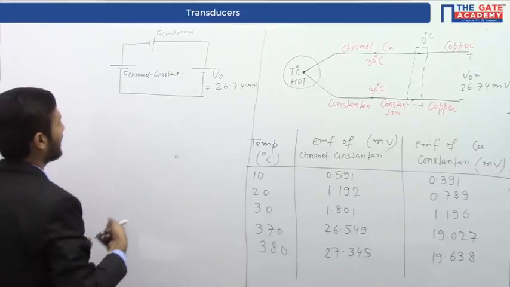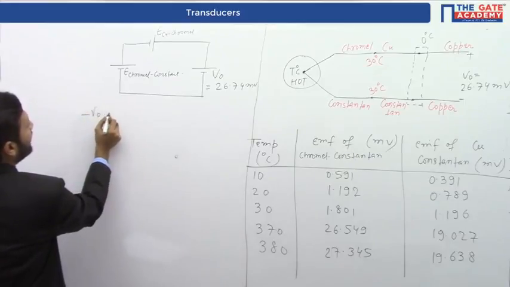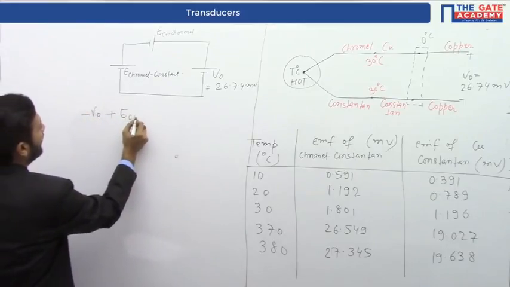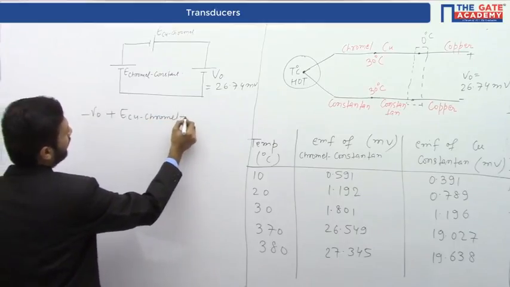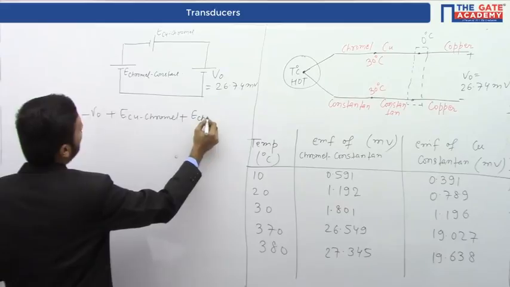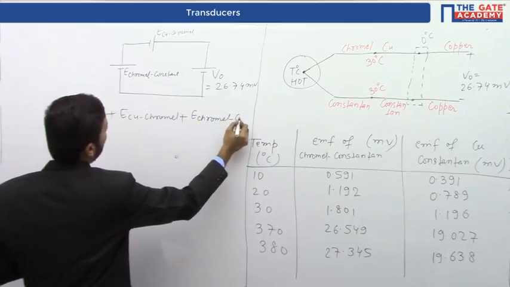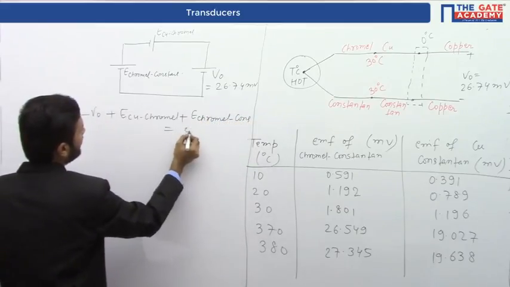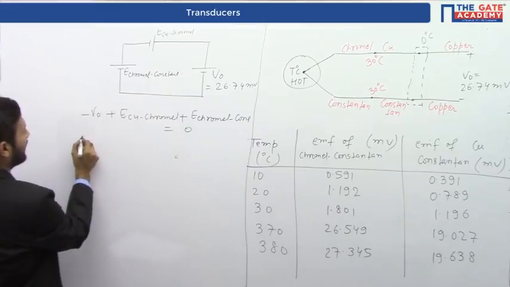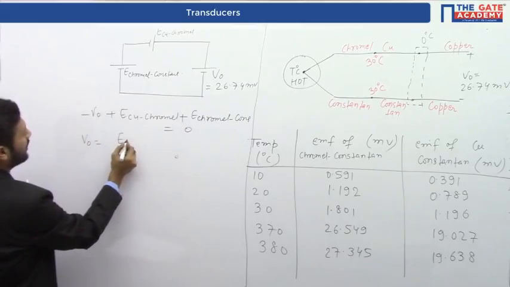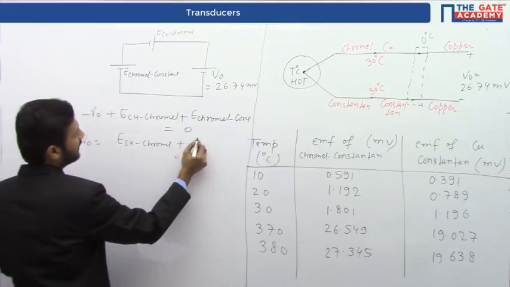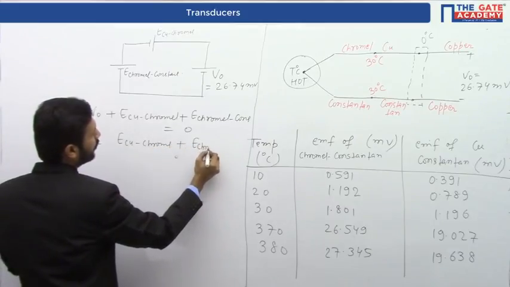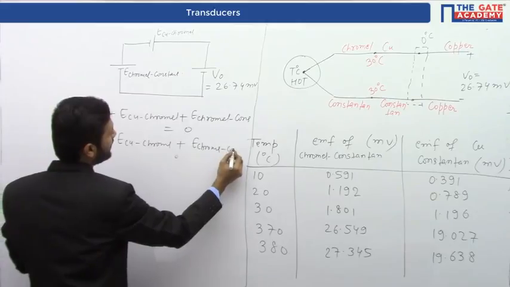Now we can apply KVL equation here. So we can write minus V naught plus E copper chromel plus E chromel constantan equals to 0. So our V naught is equal to E copper chromel plus E chromel constantan.